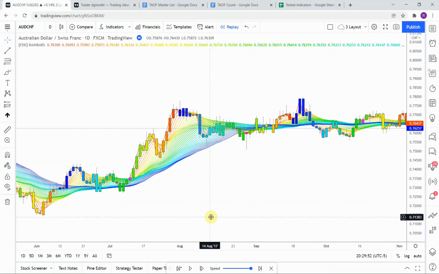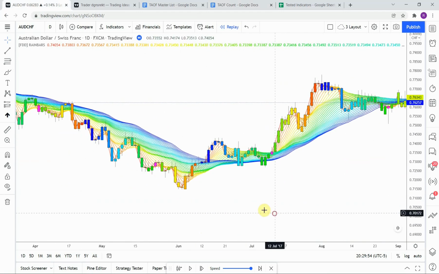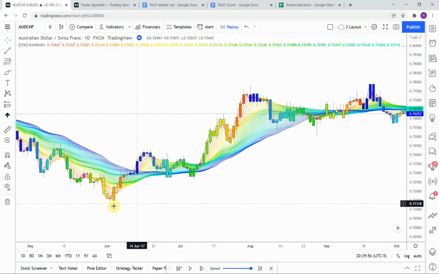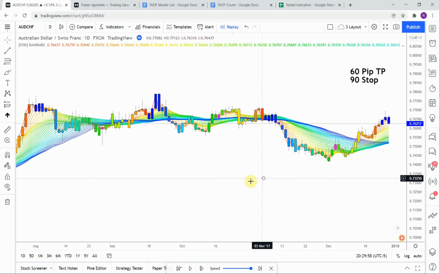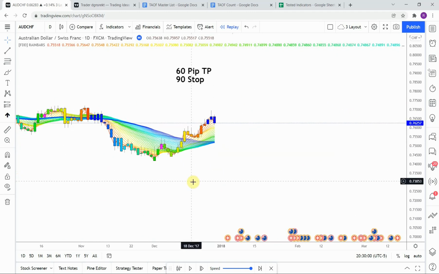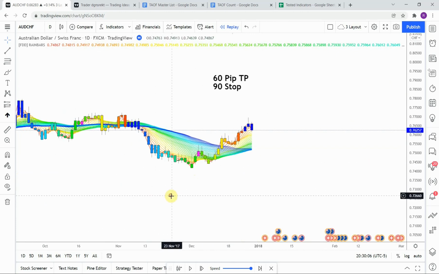And so if I back up here a little bit more, you can see how it forms this nice little colorful ribbon. What I did was I went in and tried to isolate one specific color of a bar. You can see that the bars are obviously colored, and I tried to isolate just one specific color of one bar and change that to a very distinct different color, so that way we know what our entry and exit color or bar would be.